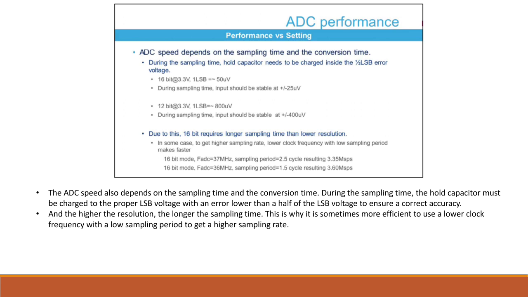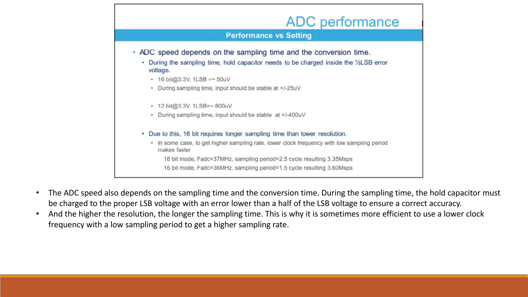In 16-bit mode, FADC equal to 36 MHz, sampling period equal to 1.5 cycles, results in 3.60 MSPS. This is why it is sometimes more efficient to use a lower clock frequency with a low sampling period to get a higher sampling rate.